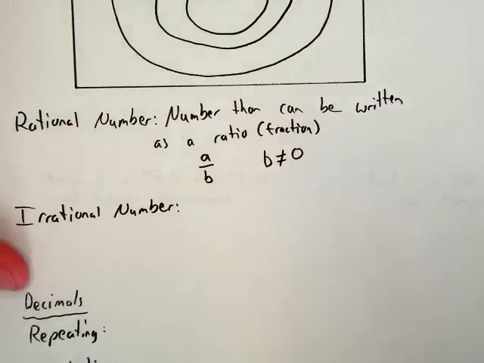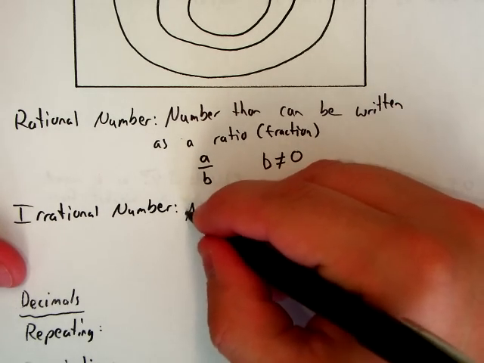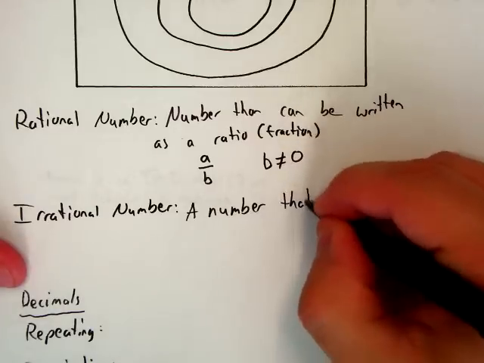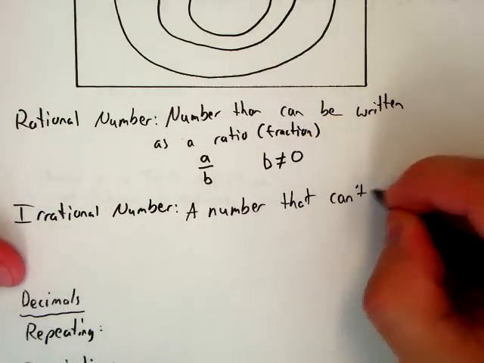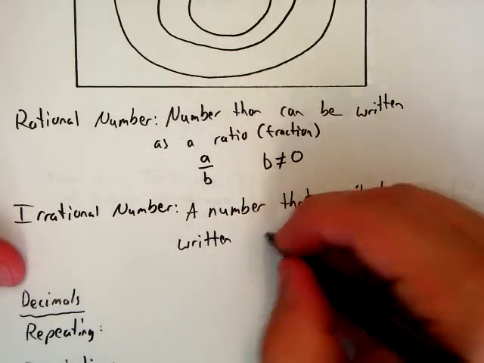Now, an irrational number is just the opposite. It's a number that can't be written as a fraction or a ratio.